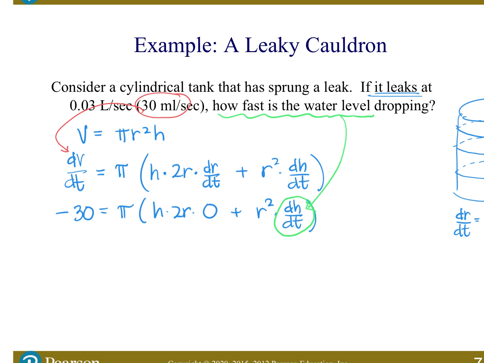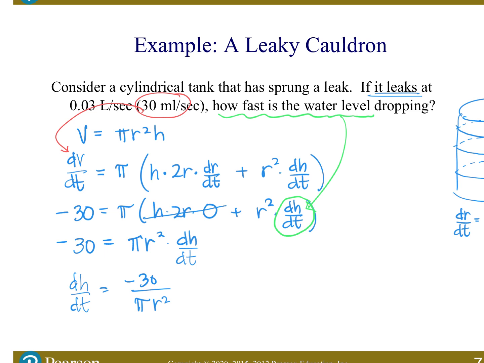So I now have negative 30 equals, the 0 is gone here, all of that multiplied by 0, so I have pi r squared times dh dt. If I want to get dh dt alone, it will be negative 30 over pi r squared. And then I need to remember to insert units.